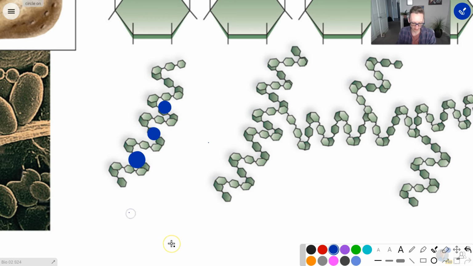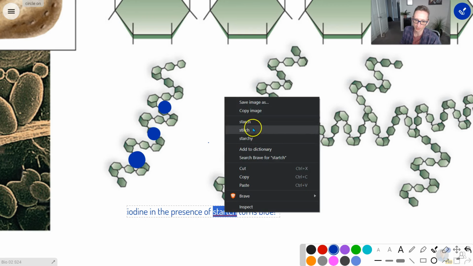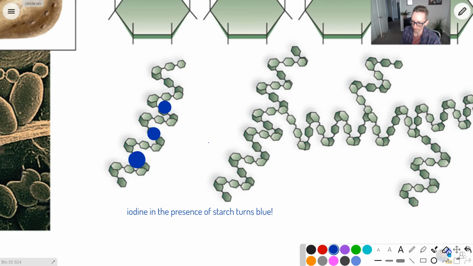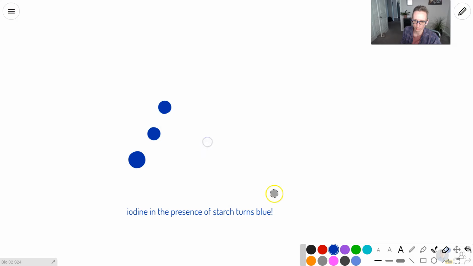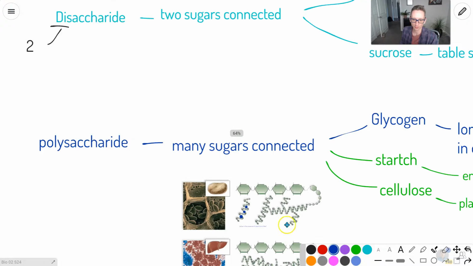So iodine, in the presence of starch, turns blue. We're going to be doing that technique in lab this week. Pretty nifty, pretty cool. Okay. Oops, not what I wanted.